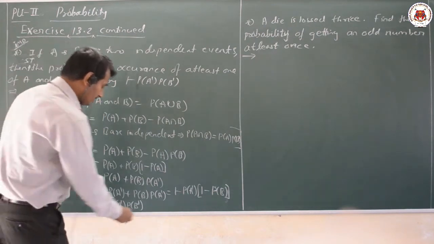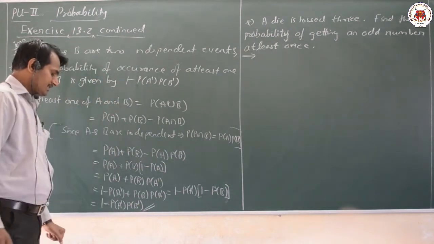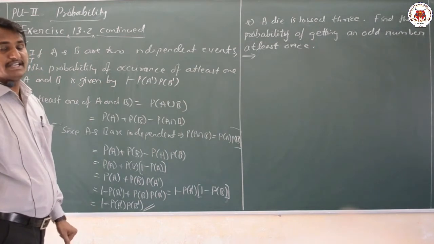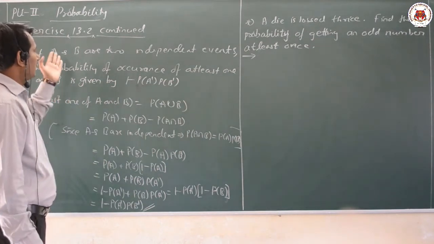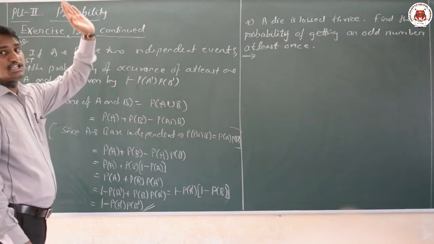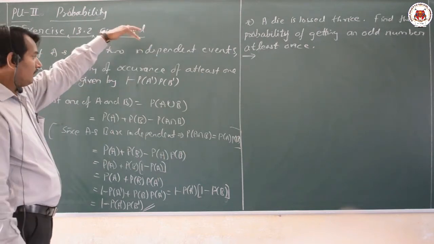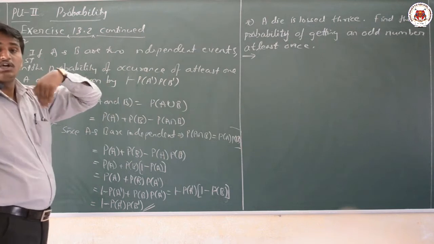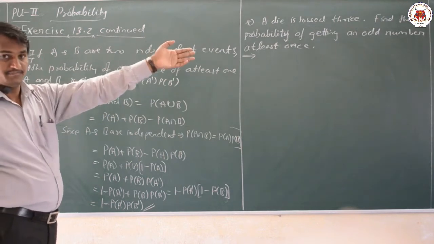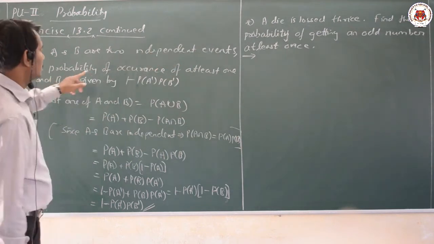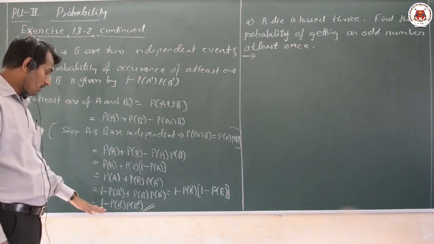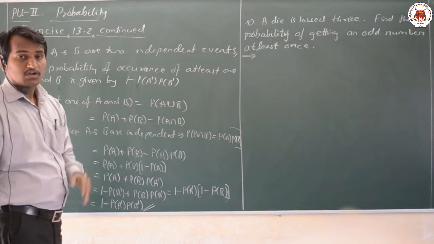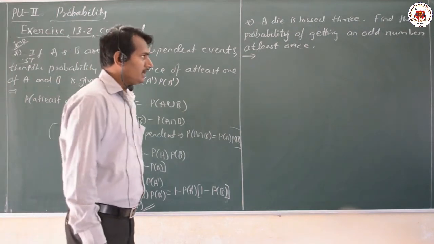The formula to use is: the probability of occurrence of at least one of the events equals 1 minus the probability of non-occurrence of that event. That is, the probability of occurrence of at least one of A and B implies the probability of non-occurrence of both the events A and B.